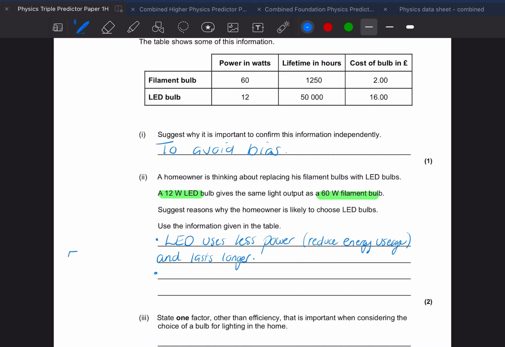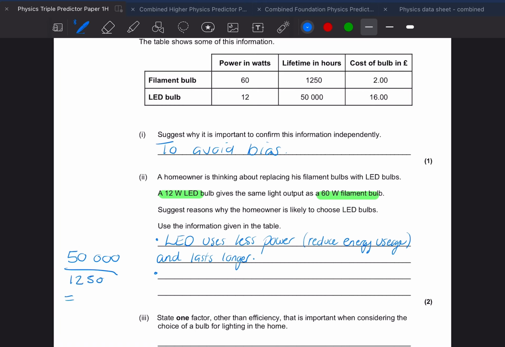So the LED bulb is 50,000 hours, whereas the filament bulb is 1,250. So if we divide that, we'll figure out how often we would have to replace that bulb to get the same amount as one LED. So 50,000 divided by 1,250. So 40. So that means that we would have to use 40 filament bulbs for every one LED bulb.